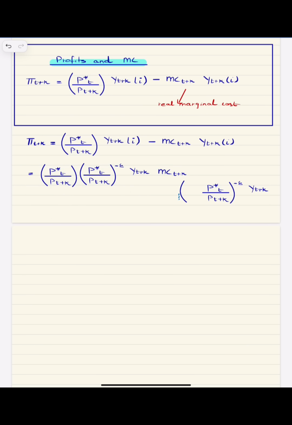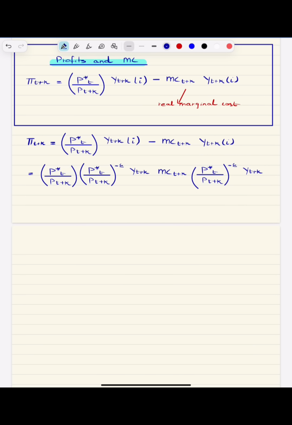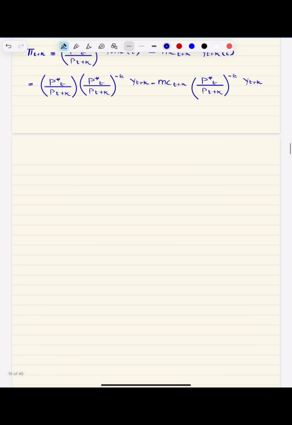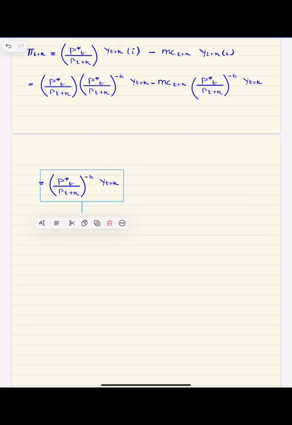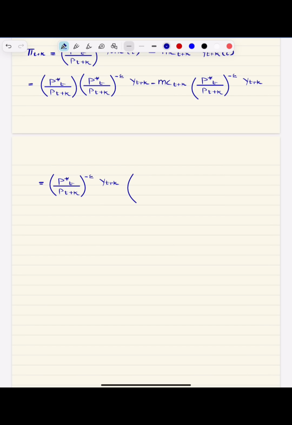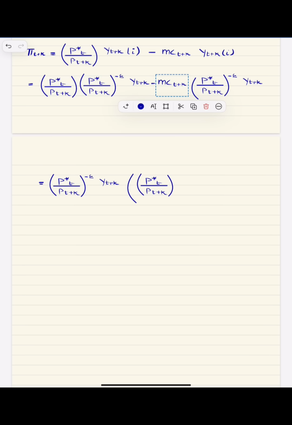Okay, so we can take this as common. Both of them have this expression, y t plus k for each firm, and we'll be left with this, the price ratio from the first expression, and then the marginal cost from the second expression.